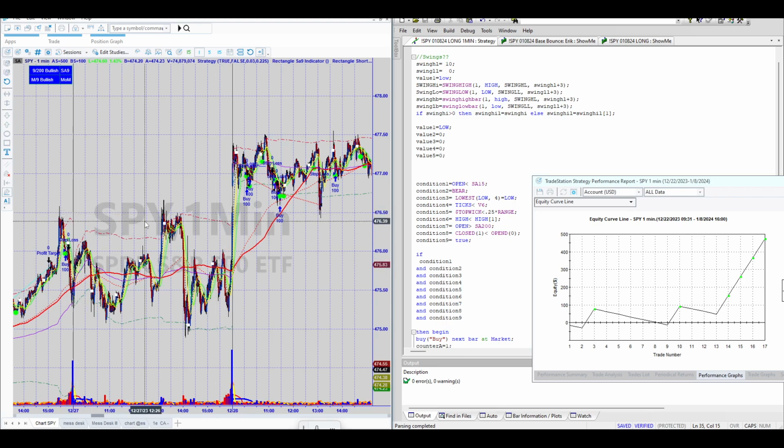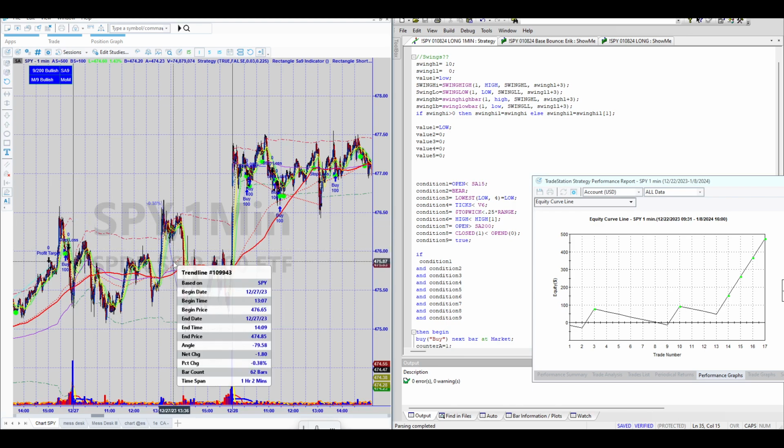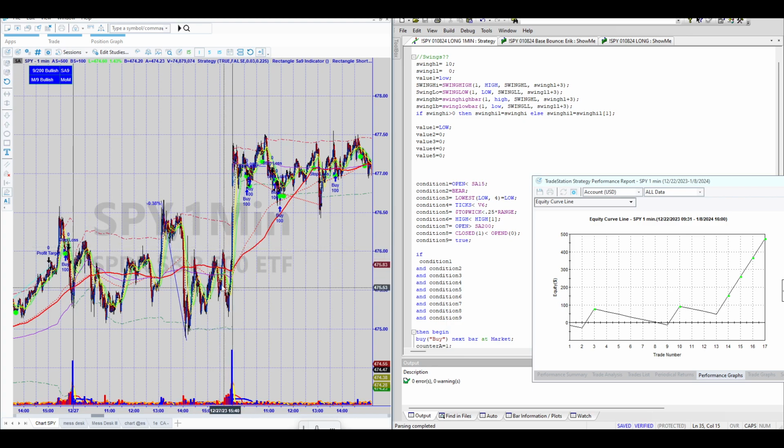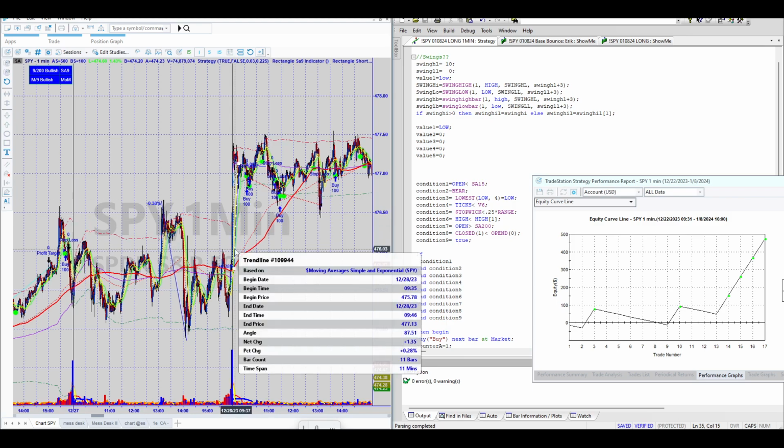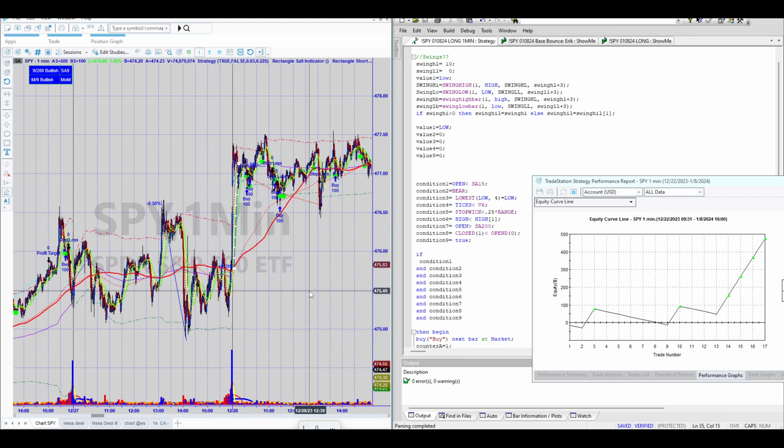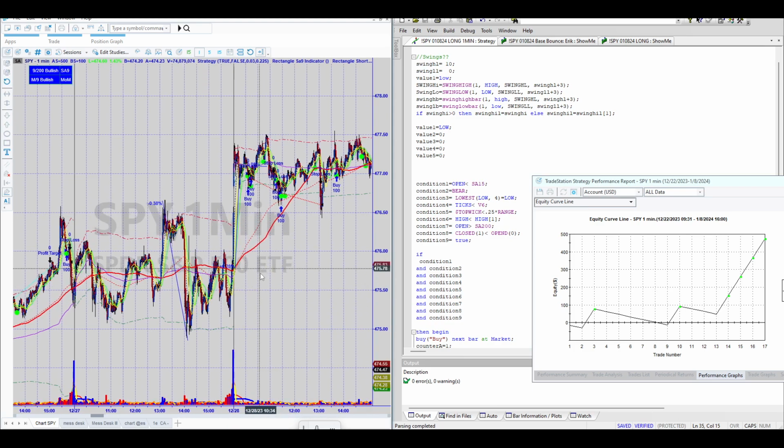The average trading range of this day is going to be roughly 0.38%, or 1.80. This gap up, the distance from the VWAP to the 200 period moving average, was 0.35.